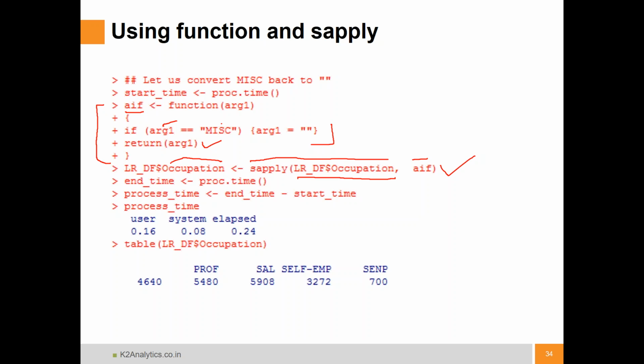So this is an example of sapply and using a user defined function. And once we do this, I'm back to empty, with missing values for the occupation field.